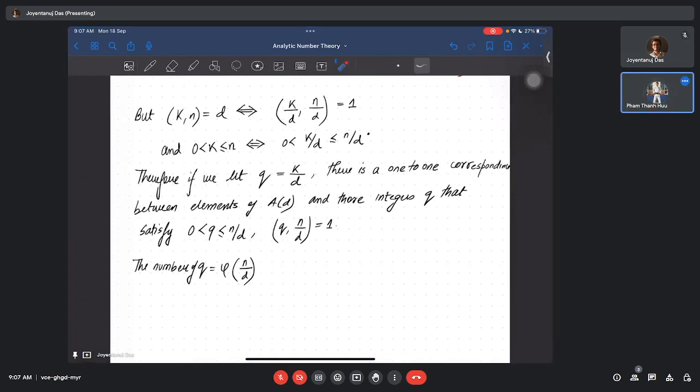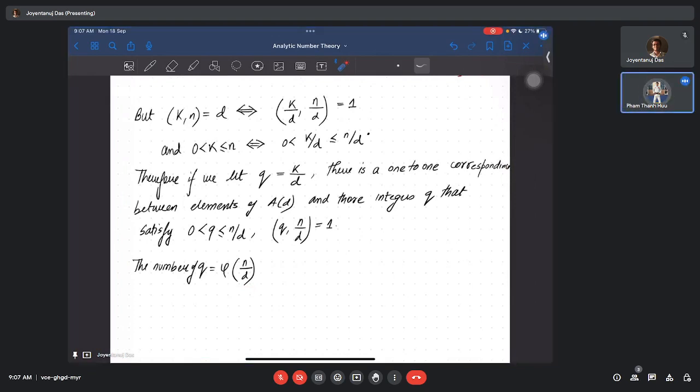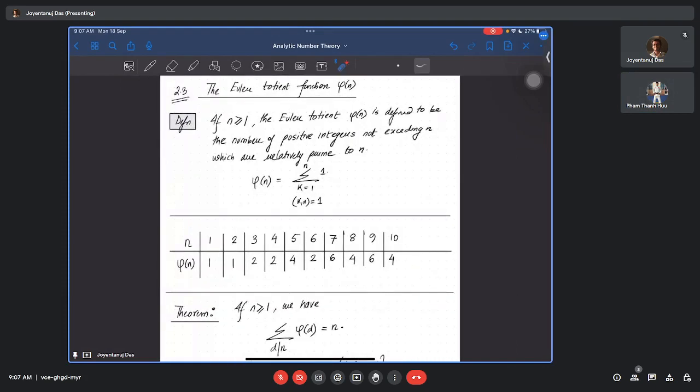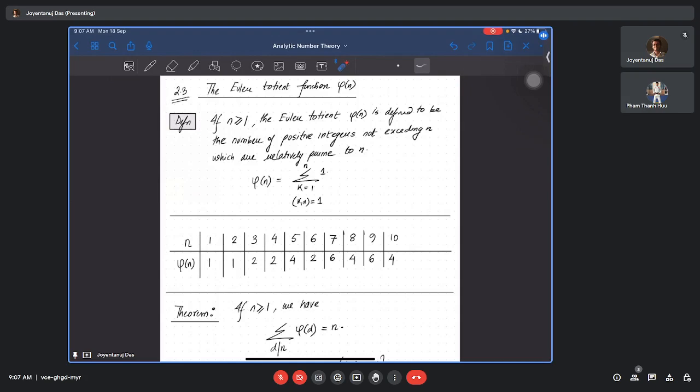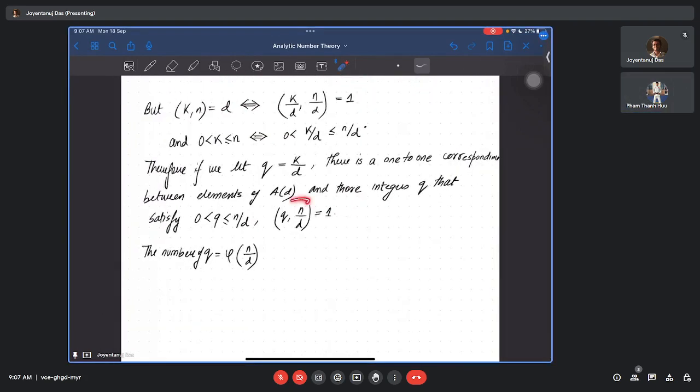That is Euler's function that we defined: the number of positive integers that are relatively prime to n.